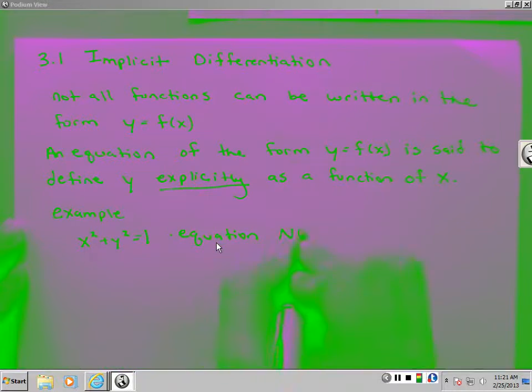It's not a function, right? It's not a function because it doesn't pass the vertical line test. If I was to graph this, I would get a circle centered at 0, 0 with radius 1.